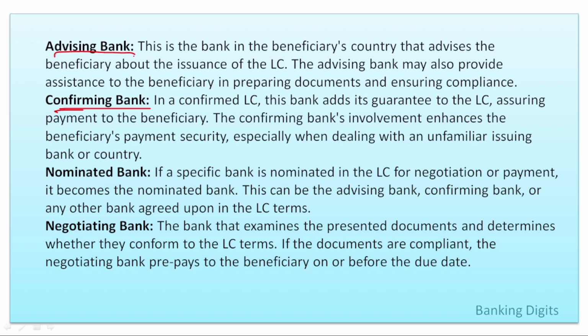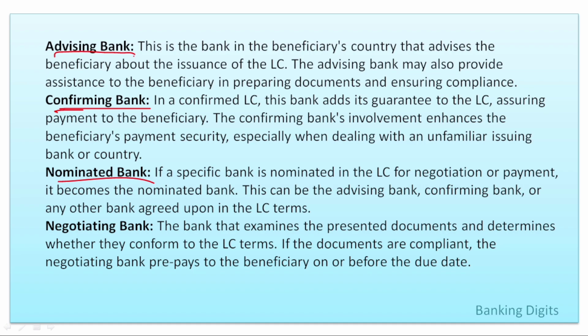We have already discussed what confirmation is earlier. Now, nominated bank. If a specific bank is nominated in the LC for negotiation or payment, it becomes the nominated bank. This can be the advising bank, confirming bank, or any other bank agreed upon in the LC terms.